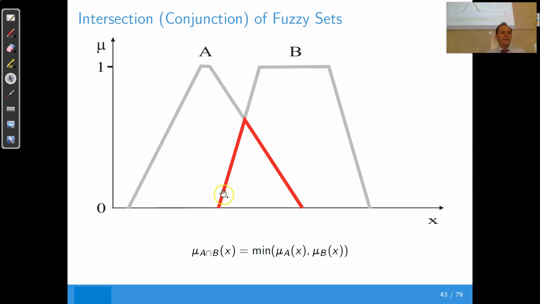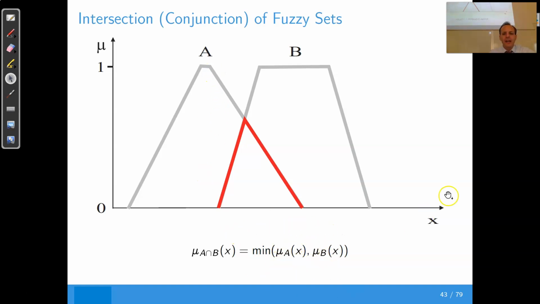From a graphical point of view, it is very clear because you select the part of the graphics of the membership functions that intersects the two common tails of these triangular, almost trapezoidal, membership functions. From a mathematical point of view, one possible operation is to find the minimum of the two membership functions.